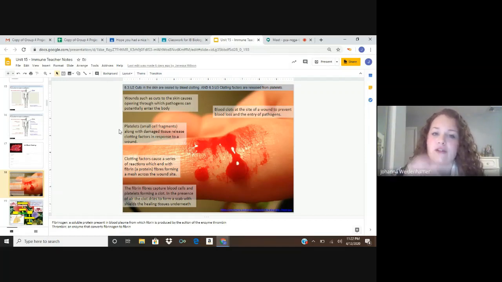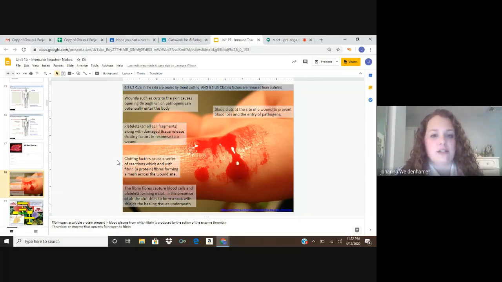Platelets are small cell fragments, and along with damaged tissue, they release clotting factors in response to a wound. So if you had a cut, like the picture here, platelets along with damaged tissue are going to release these clotting factors. You can think they're going to release a message in response to that cut or wound.